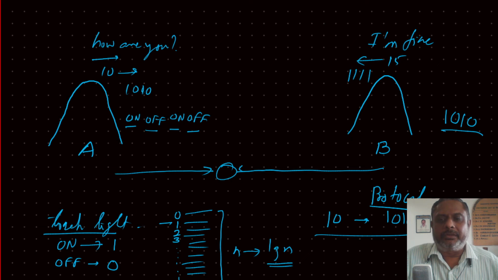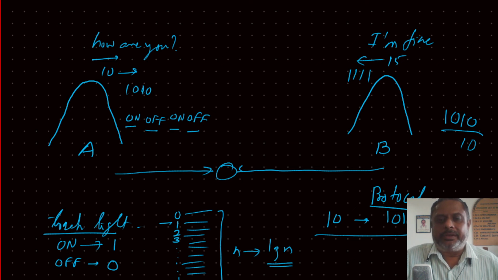So 1010, he looks into the code book and sees what 1010 means. 1010 is 10, so he looks at the 10th message. It says, how are you? So this person understands that A is asking the question, how are you. Then B will answer that I am fine.